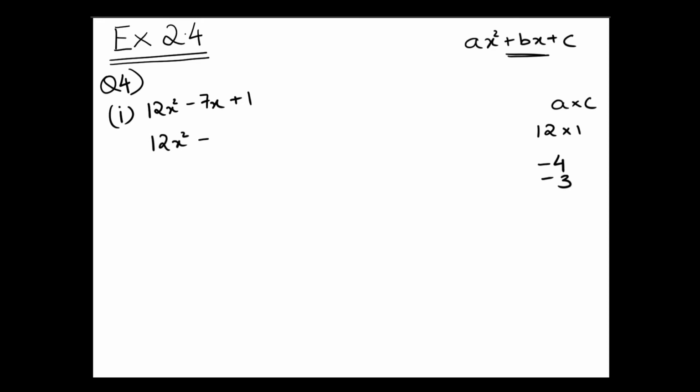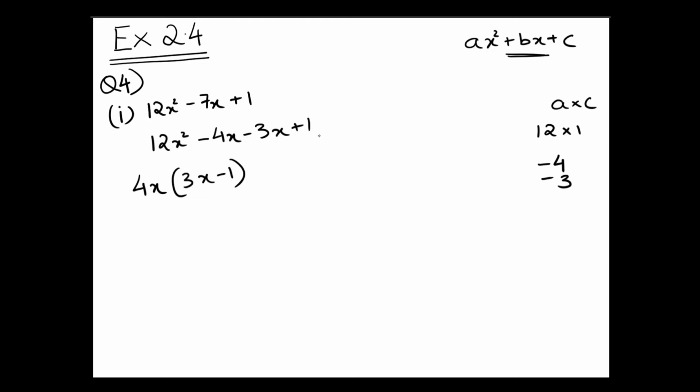So by that logic, we can write this as 12x square minus 4x minus 3x plus 1. From the first two terms, I can take 4x common, leaving me with 3x minus 1.